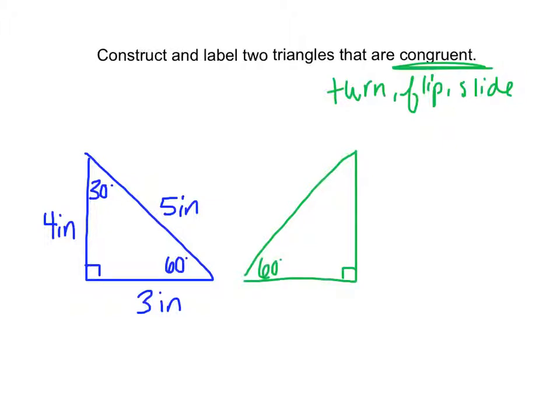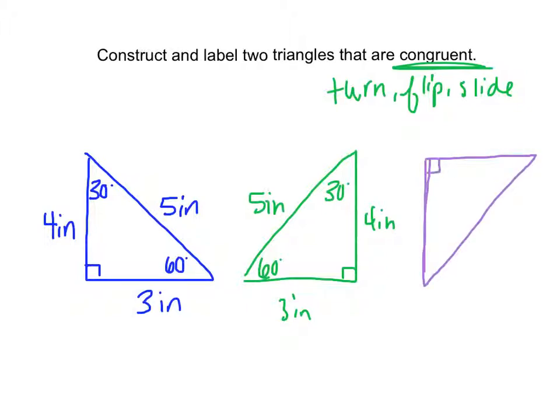I'd have 60 degrees here, 30, 5 inches, 4 inches, and 3. I could maybe do a rotation or turn where it's like this now. We would turn the 30 degrees to here, 60 to here, 5 inches, 4 inches on top, and 3 inches on the side.